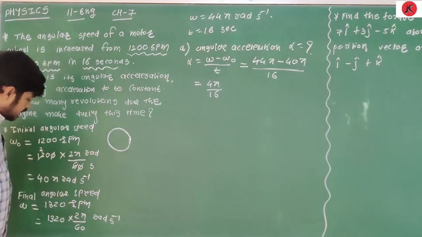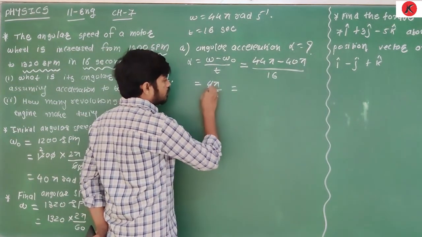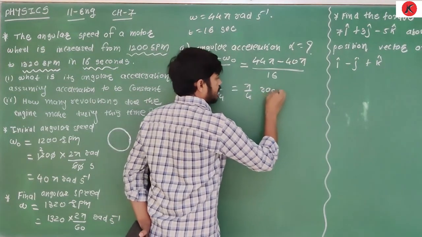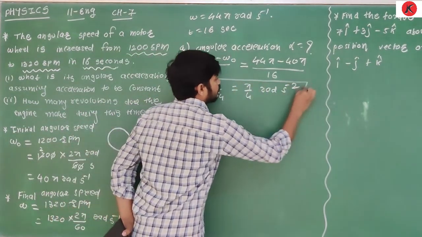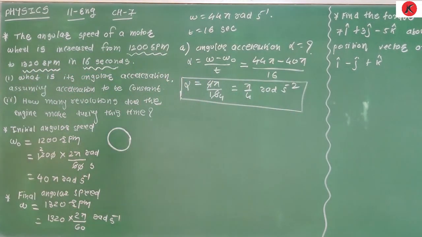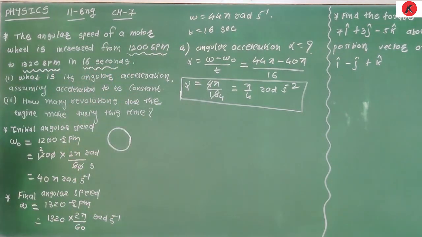Alpha is equal to pi by 4 radian per second square. Simple. So alpha is equal to pi by 4 radian per second square is your answer.